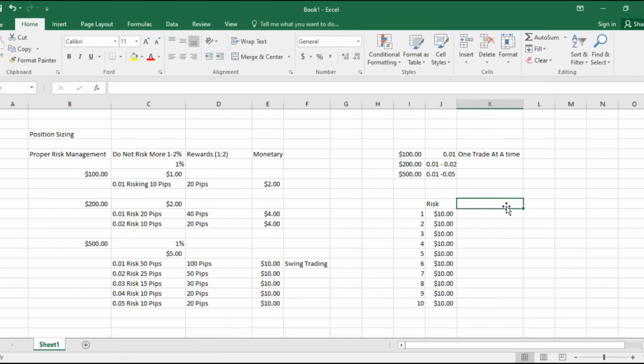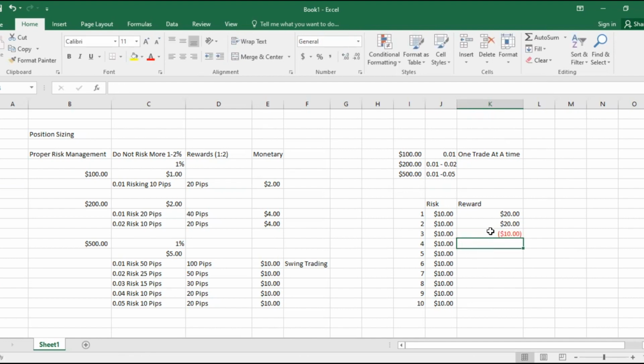Then this, you are looking at the reward. So let's say the first trade, if you are risking $10, then it means you are aiming for $20. So let's say the first trade was successful and the second trade too was successful. But now the third trade, because you have 2 winning streaks, you become overconfident and make a bad decision, and in that trade you end up losing $10.